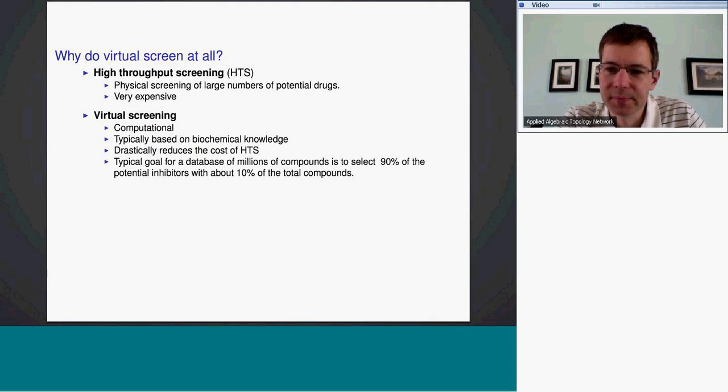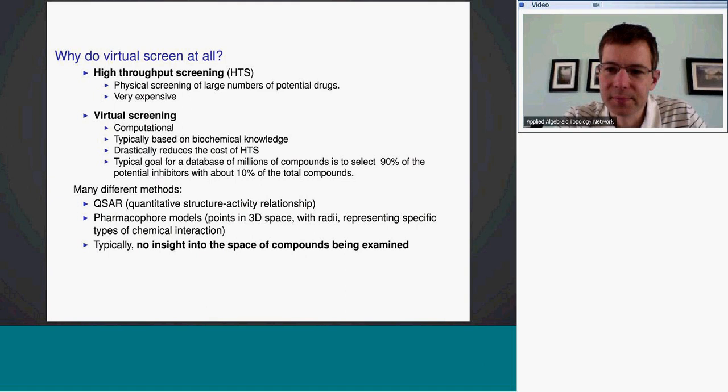A typical goal for us, and these are really rough numbers, is from a database of compounds, we want to be able to select 90% of the potential drugs out of there, and maybe that represents 10% of the total compounds in the database.